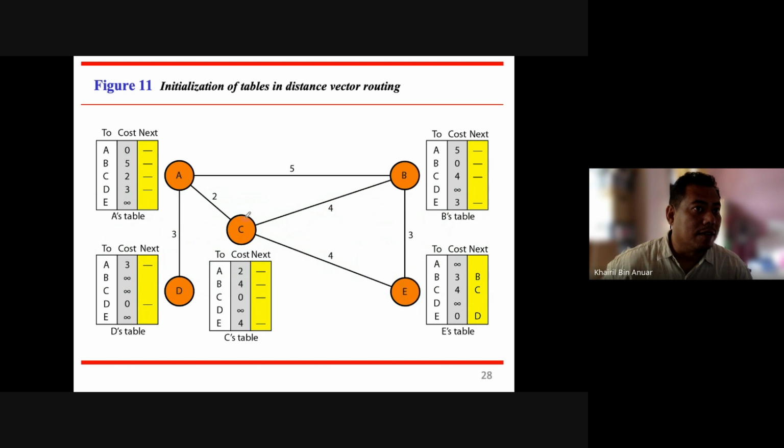Like C, you are unable to get any information from B and E because they are not connected directly. So anything it needs to get is from A. Later, the information on how to reach the rest of the routers comes from A. So it will get this information from A directly to B.